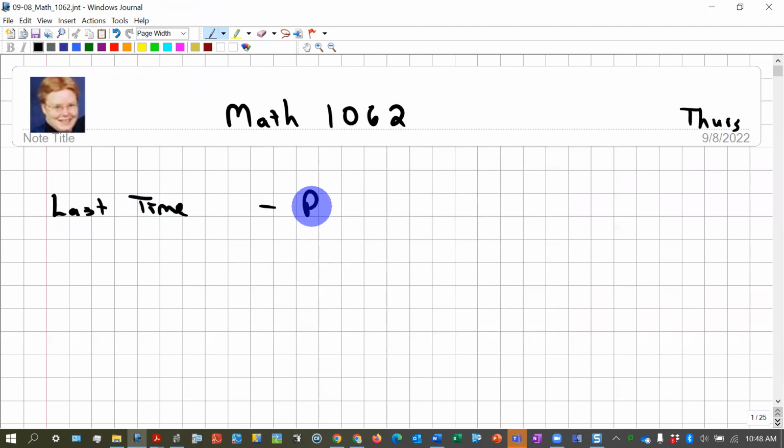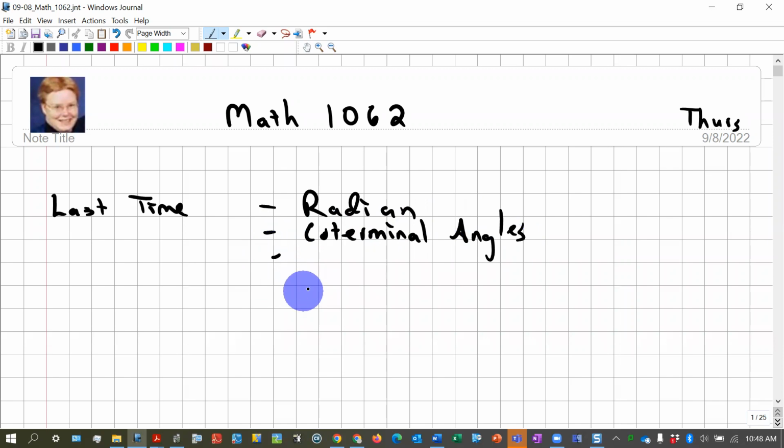Last time we talked about radian measure. We talked about coterminal angles. We talked about finding the angle theta star for a given angle.